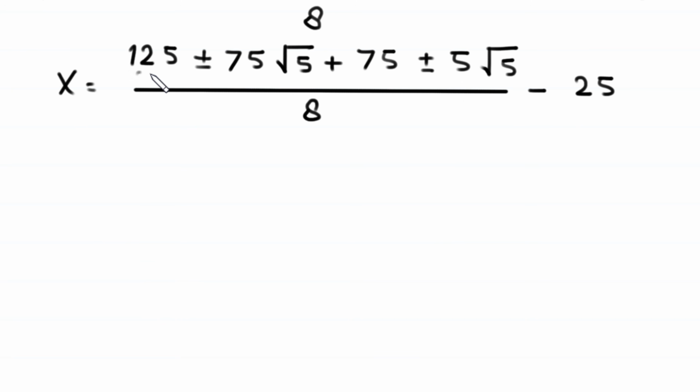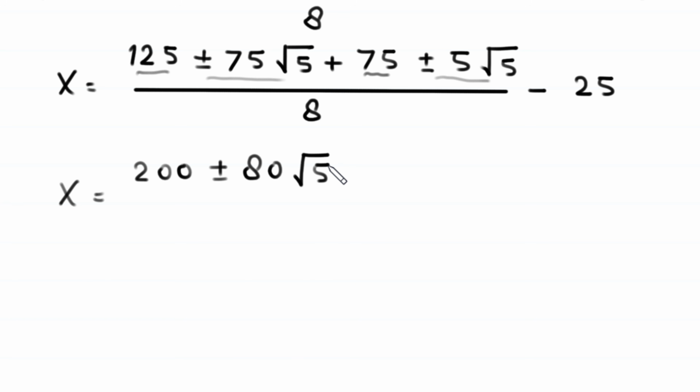Now this 125 plus 75 will become x is equal to 200, and plus minus 75 times root 5 plus minus 5 times root 5 will become plus minus 80 times root 5 divided by 8 minus 25.